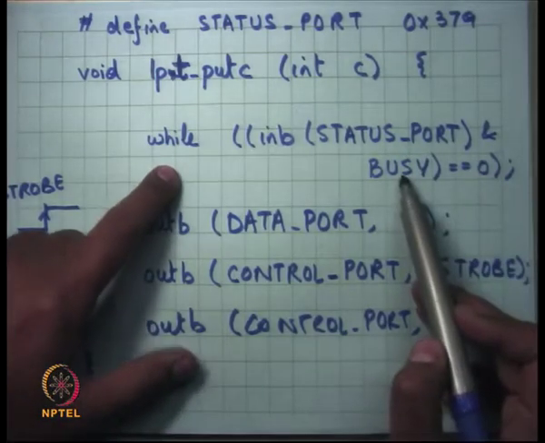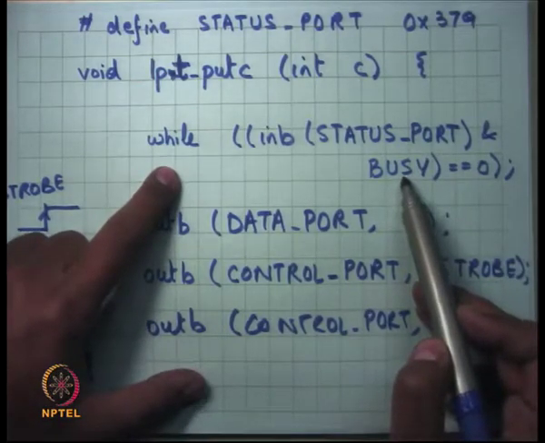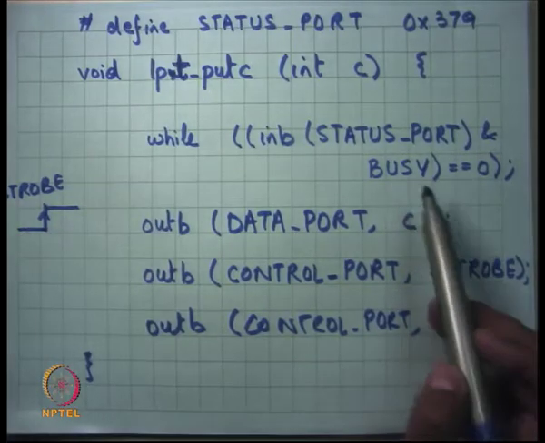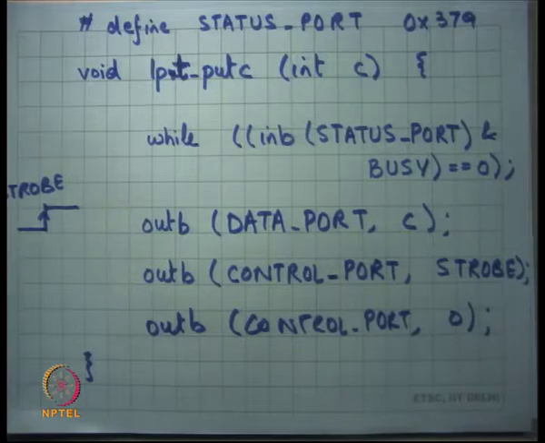Also notice that this kind of code involves this while loop. While the CPU is executing this while loop, the CPU is essentially busy, right. I am basically just checking the status port to see if the printer got free.